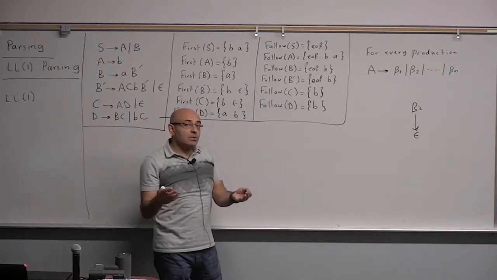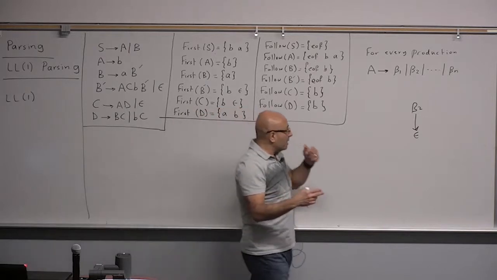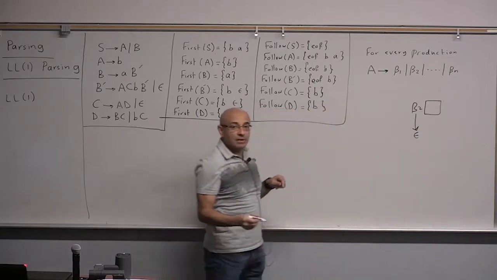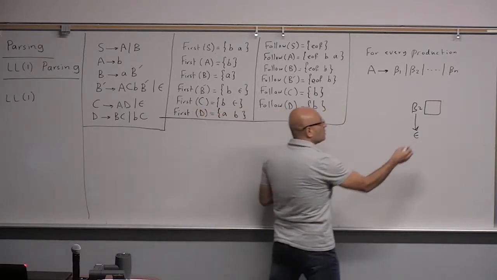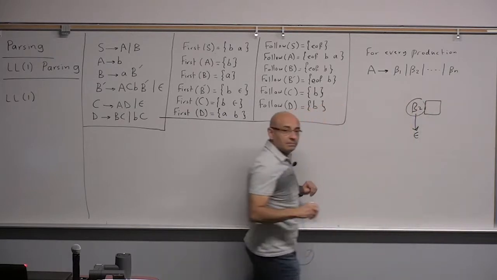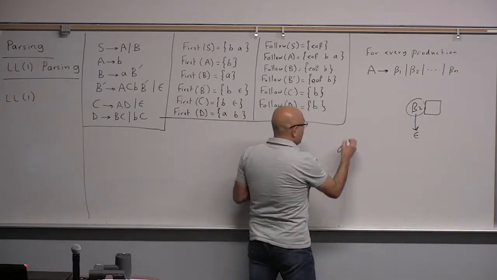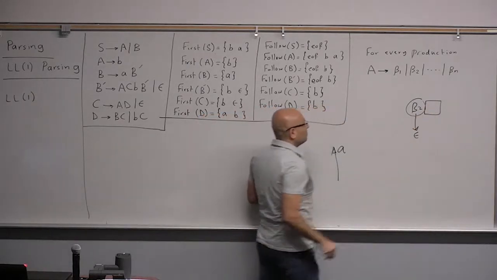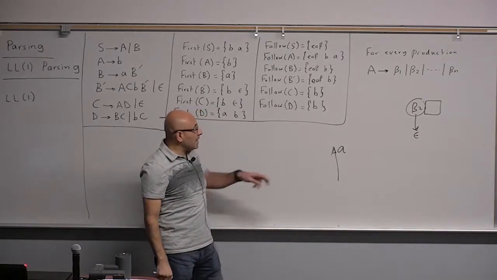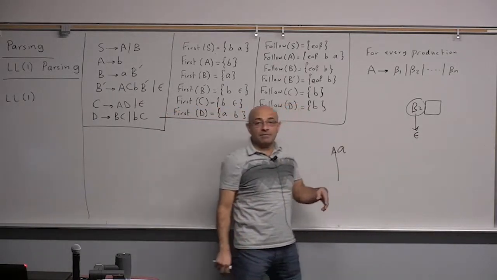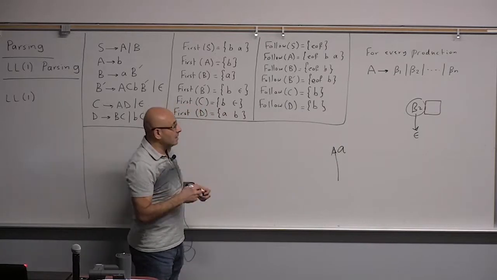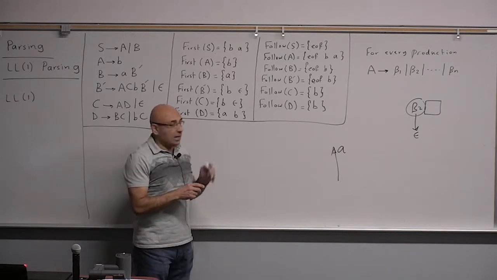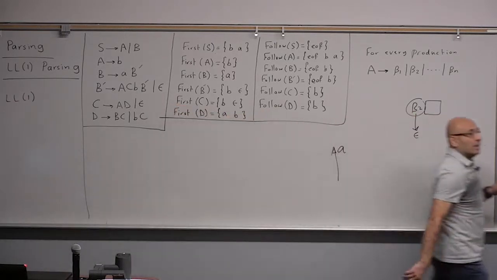And that matching will be possible at a subsequent step only if what I'm currently seeing in the input belongs to the follow set of this. So if I'm seeing an A in the input, my pointer is here. So what comes after beta 2 has to have an A in it. If A is not a possible follower of this beta 2, then I know that this is not a valid substitution. Okay? All right. So this is the idea in looking at the follow set.